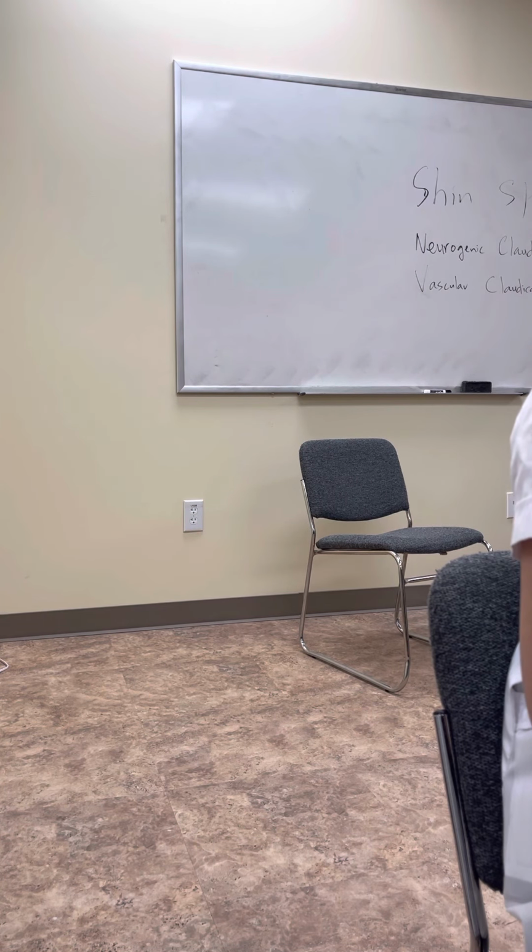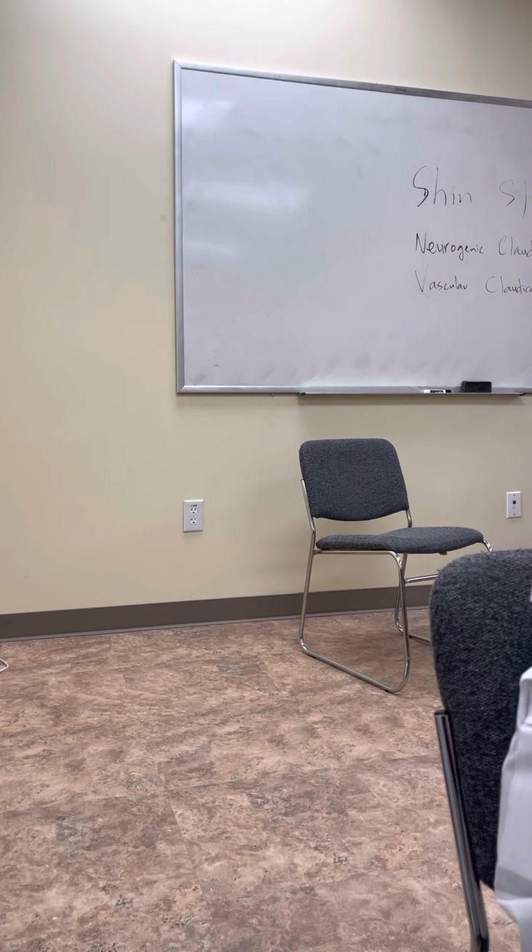They're back shu points. UB40 is behind the knee. UB57 is behind the calf. I don't remember where it is. Let's check. GB34, 39. That's fine. GB36.